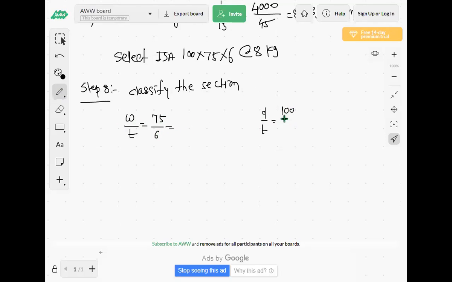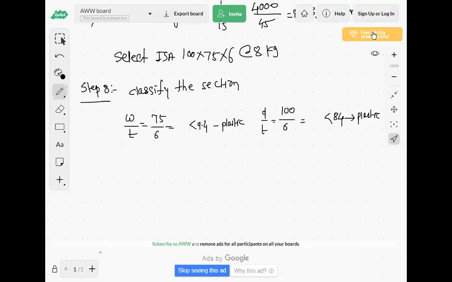Here depth is 100 divided by T is 6. So how much are these values? 75 by 6 is, I think 9.4 and it should be, I think, 84. So this is I think plastic, this is again plastic.